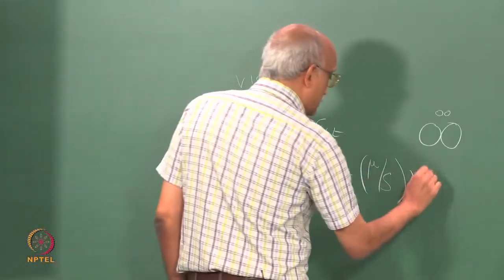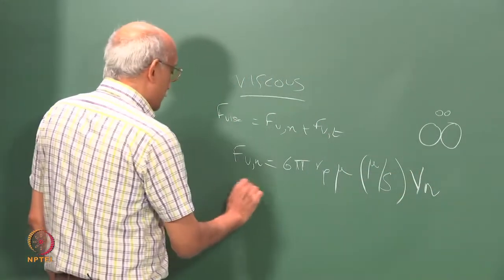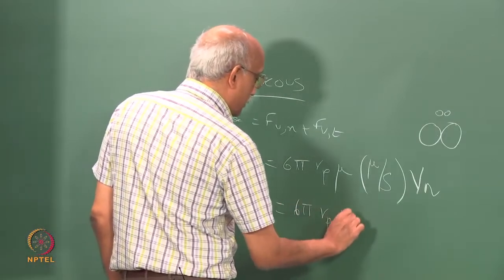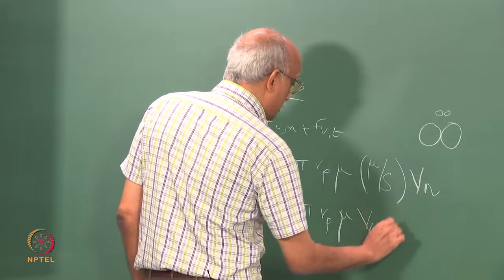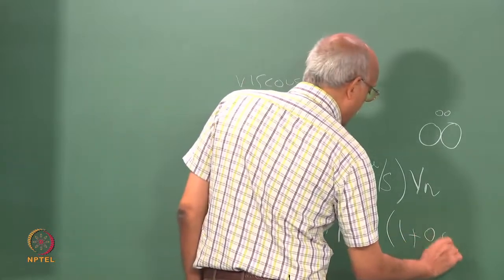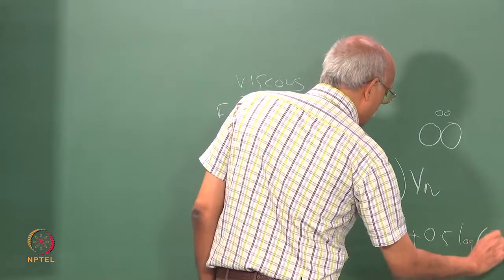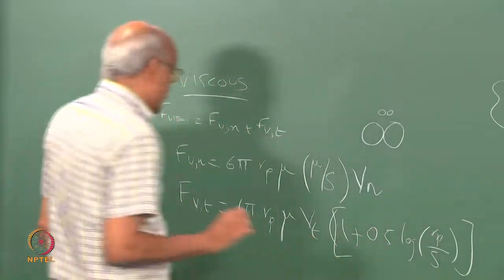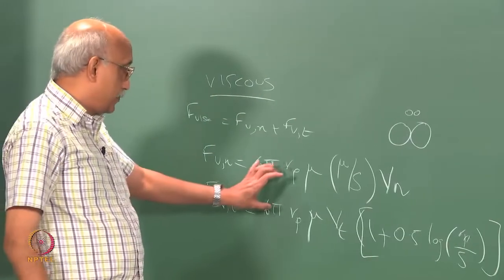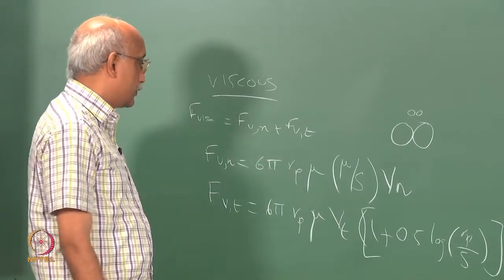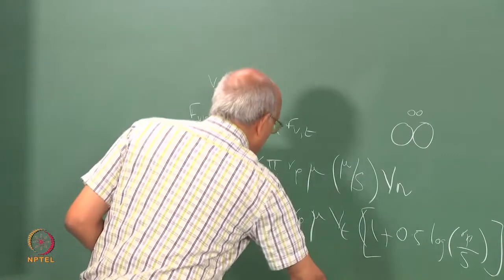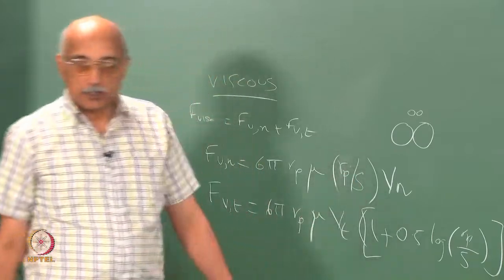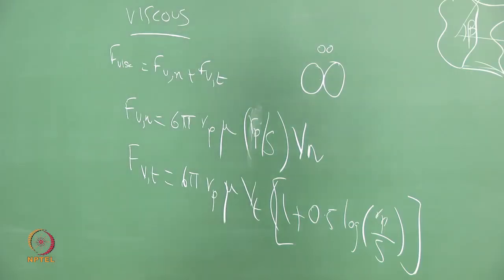Sorry, there is also a velocity term Vn. The tangential force is given by 6 pi rp mu V tangential times 1 plus 0.5 logarithm of again rp by s. Again, you see the dependence is predominantly linear with respect to particle radius.